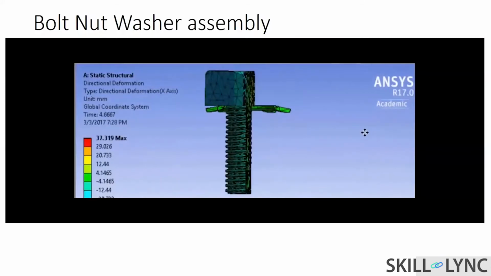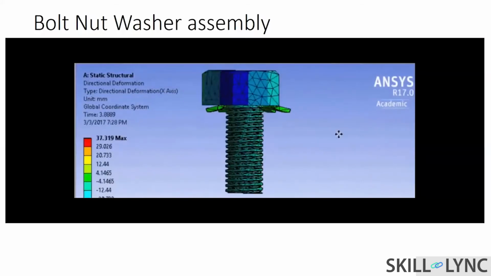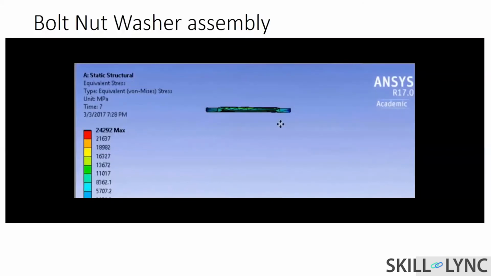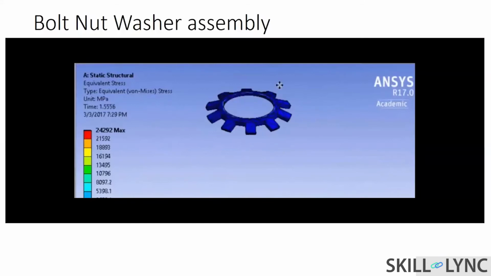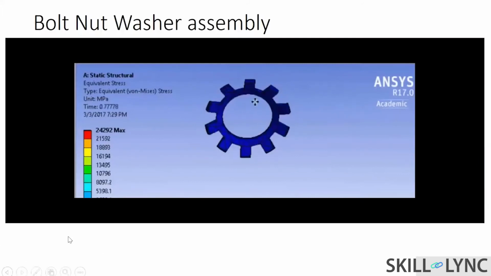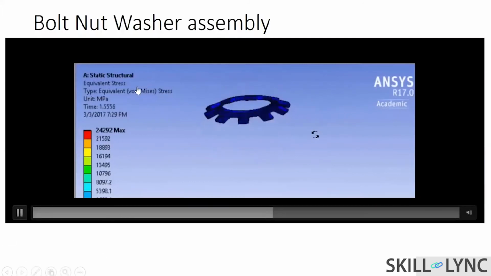You have this option of doing a section to look specifically where you want to look, and the other is looking at one specific part. Right now you're seeing only the washer. As you torque it, you can see the deformation it takes. In this case, it's showing the stress developed as you torque it.